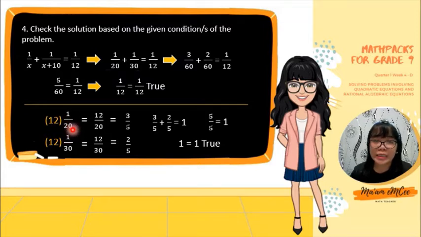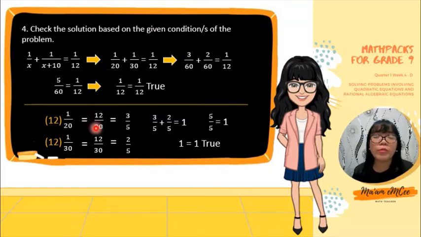So, that means in one day, he can finish 1 over 20 of the job. And then, as for Sibal, he can finish 1 over 30 part of the job for 1 day. Now, they will be working for 12 days. So if they work together, they can finish a certain job within 12 days.